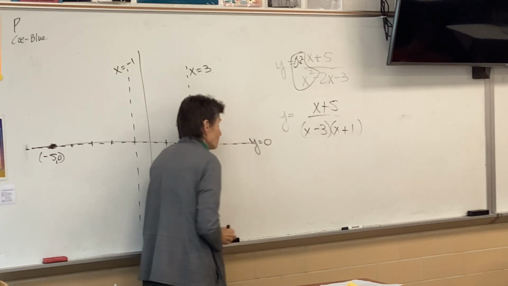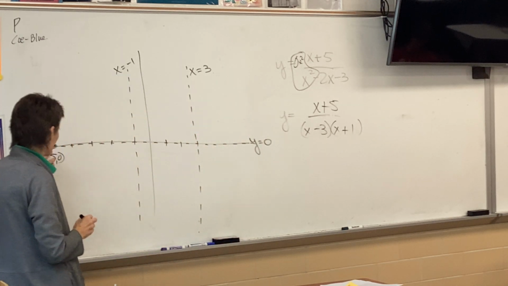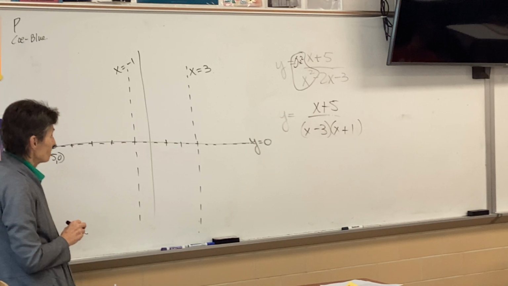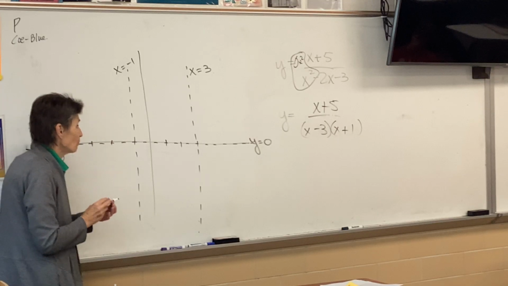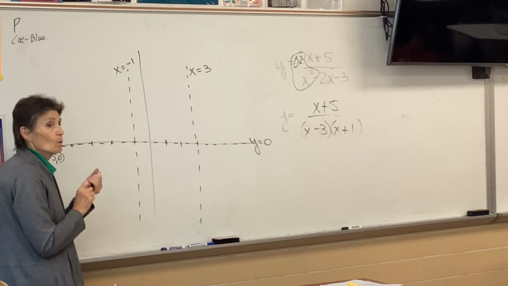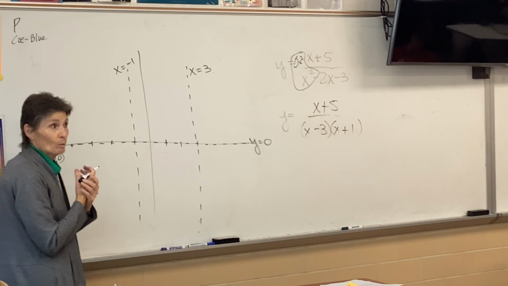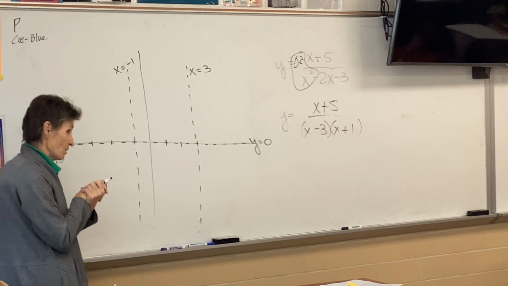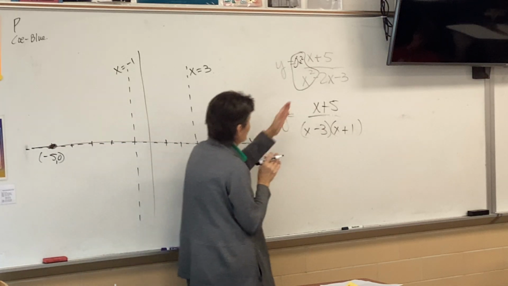Now back to Mr. B's point. I already have a point there, don't I? That's okay. That's all right. Don't panic. It's okay. All right. What else do I have? Y-intercept. And where will it be? How do I find that? Put in zeros. So again, I'm going to do it on the top.